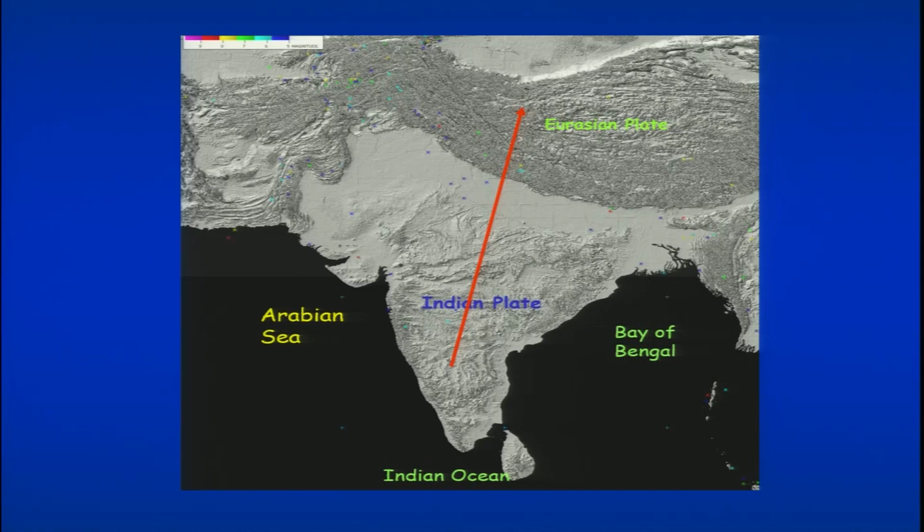So based on the GPS measurements, keeping this as a fixed point, and this is moving in the north-northeast direction, the direction of the Indian plate motion, the point from Bangalore towards the Eurasian plate is around 50 millimeter, and between this point and right up to the Himalayan front, it is consuming around 5 millimeter.